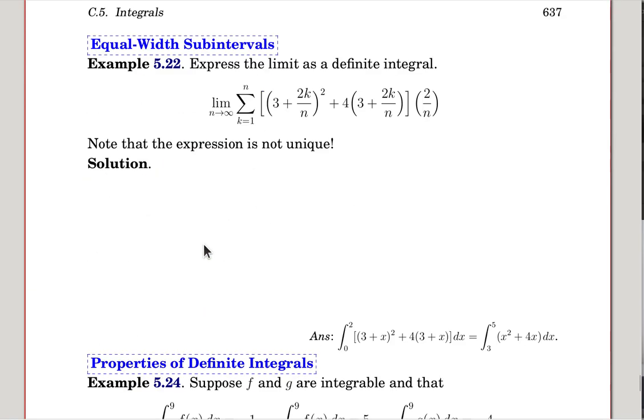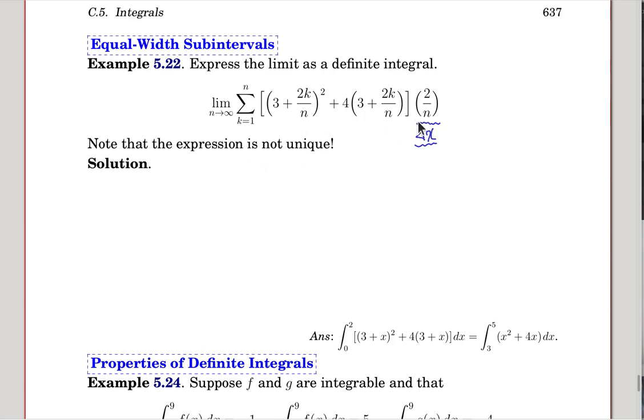Okay. Now, for this expression, we'll try to express the limit as a definite integral. Okay. Now, from this one, here we have to find delta x. So let's say there is delta x for equal subintervals.